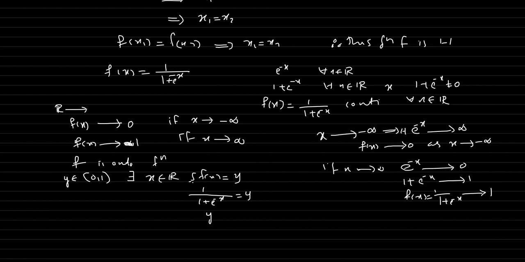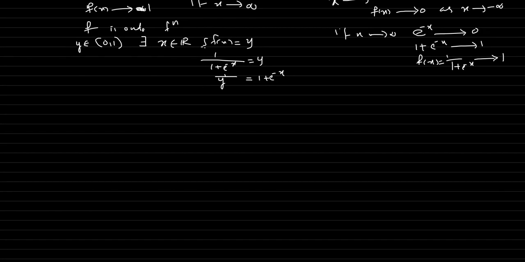So 1 by y is equal to what? 1 plus e raised to minus x, which implies e raised to minus x is equal to 1 by y minus 1. So this is equal to (1 minus y) by y.